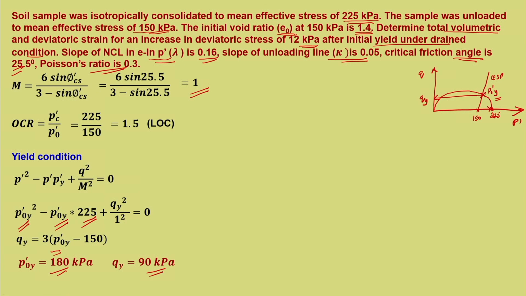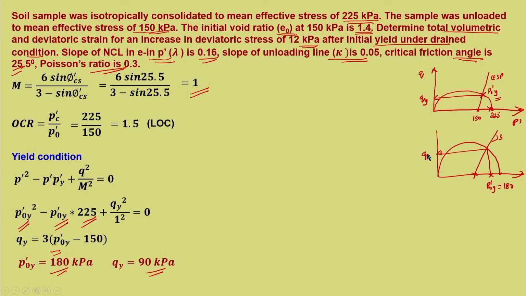So, to be very precise, if I draw it again on a bigger scale, this is 150, this is set at 3. So, P naught dash Y is equal to 180 and QY equal to 90.